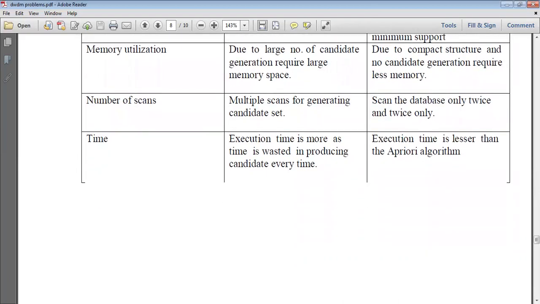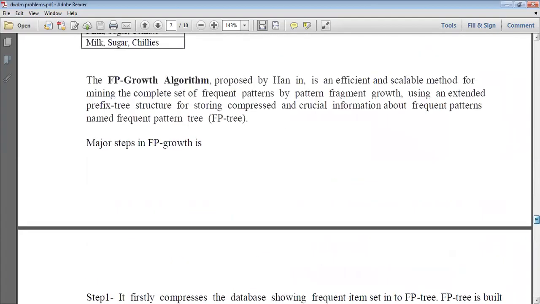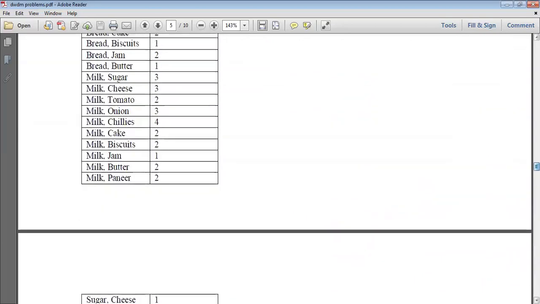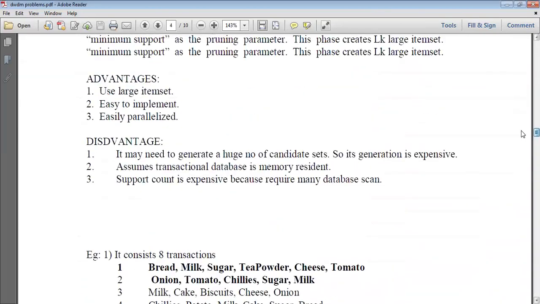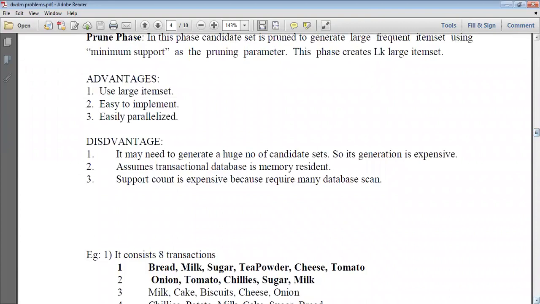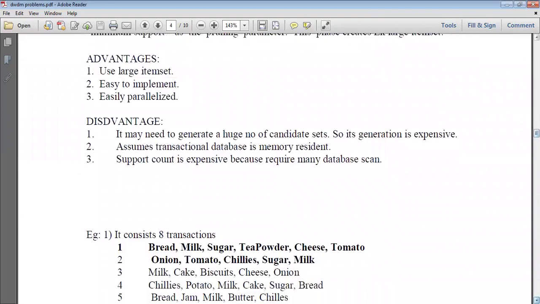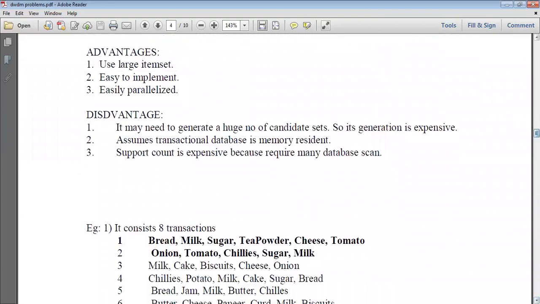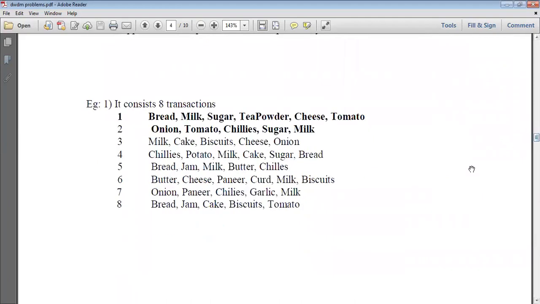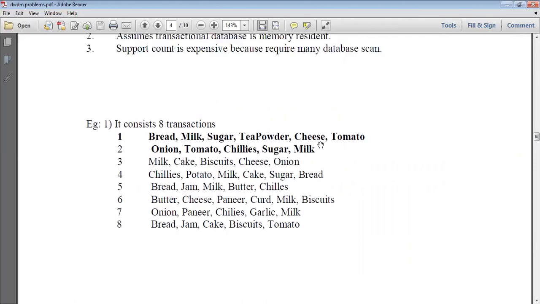Now I want to discuss examples. I will take one example and differentiate how the problem is processed in Apriori as well as FP growth. First, this is the problem you have to consider.